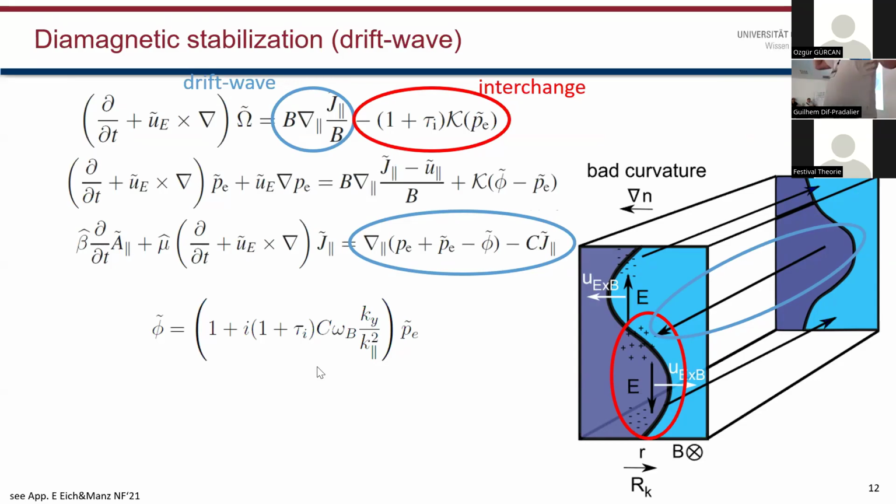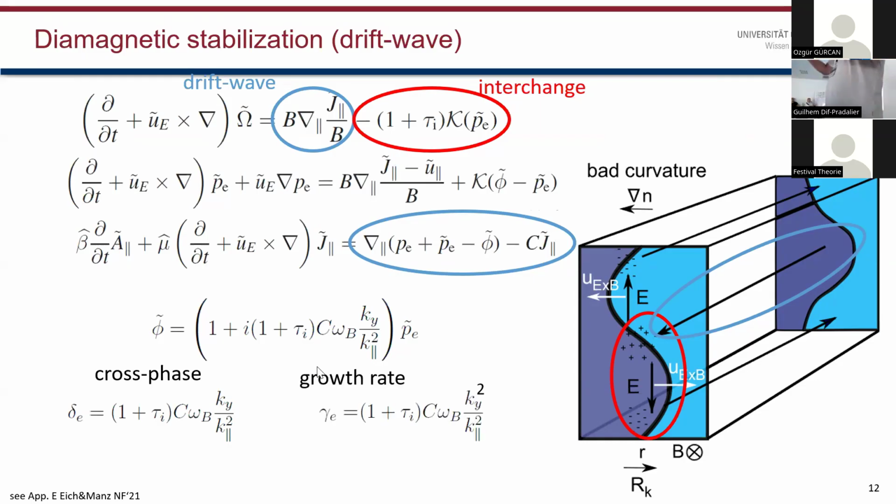And this gives the cross phase. In fact, you can identify this value as a cross phase, and the cross phase gives you the growth rate. And then you see this parameter, which we now define as the collisionality times omega b, which is the curvature radius, as our control parameter for the turbulence.